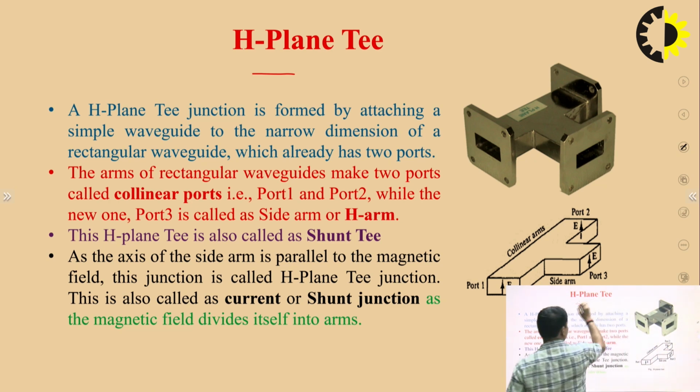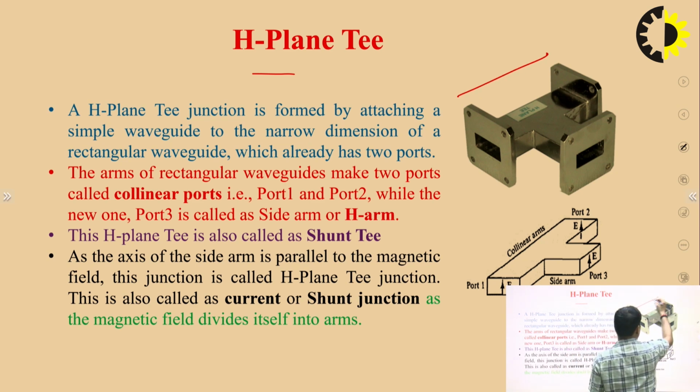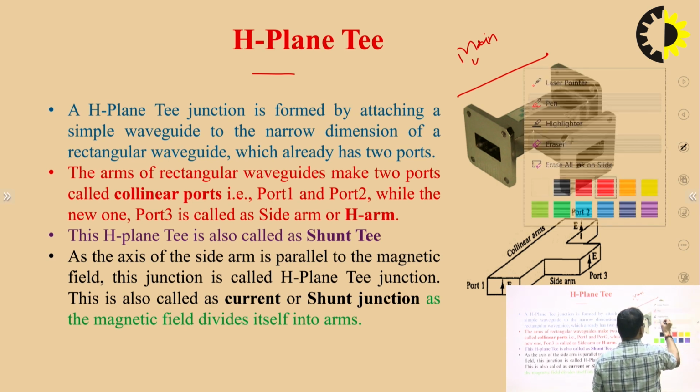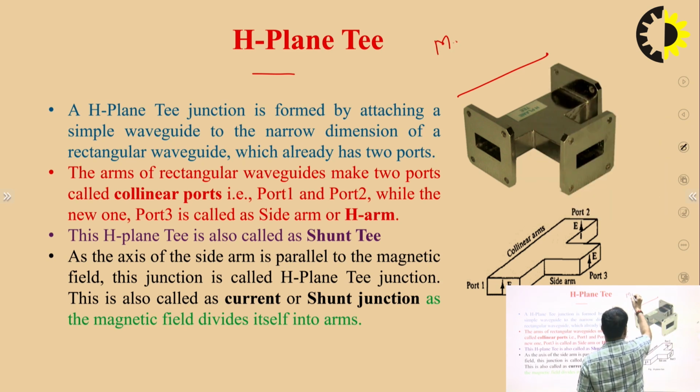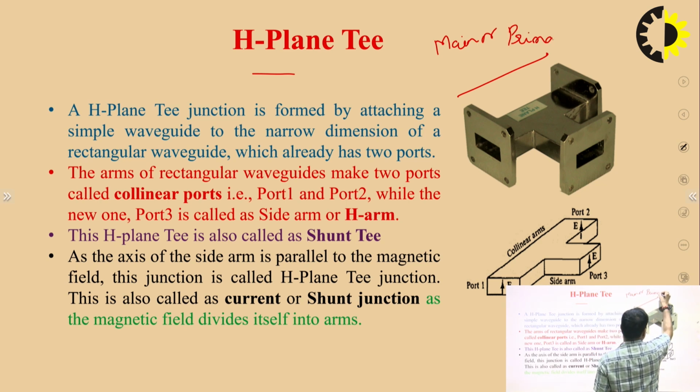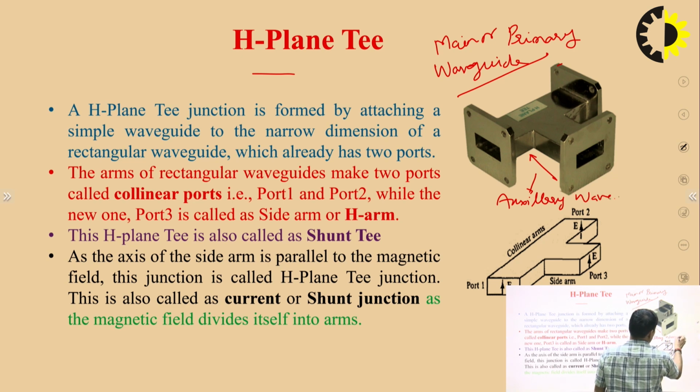In the H plane T junction, this is the hardware of the H plane. This will be considered as the main or primary waveguide, and this is the auxiliary waveguide that we are connecting here.